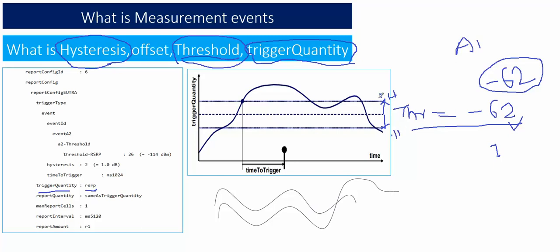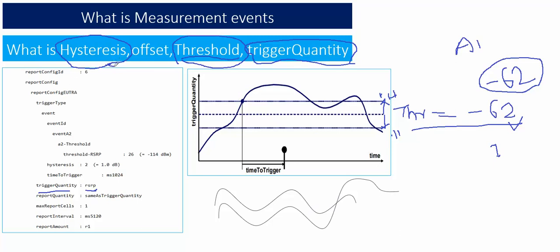In between, handover will not happen; only when it crosses and goes below, it triggers. Because coverage always fluctuates, if we set only exactly minus 62, there will be continuous ping pong handover, and it may mute the call and create many issues. So we will set hysteresis.